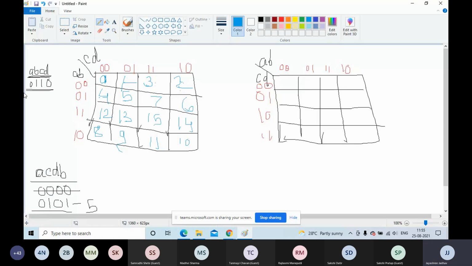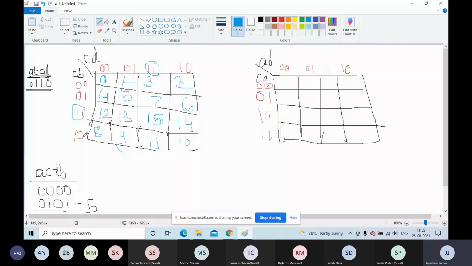Is it a correct decimal number sequence? You can check, girls. You observe, here is the 1, 1, here is the 1, 1. So see here, this is the row and this is the column. So 1, 1, 1, 1 is the binary number of 15. So 15 is there.